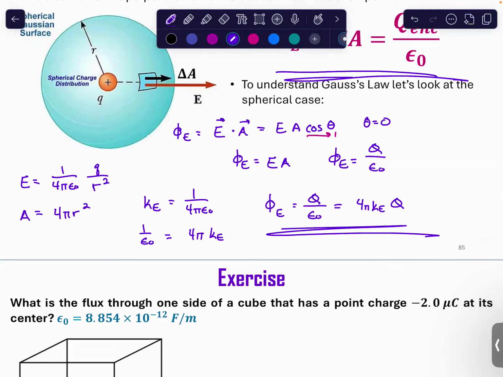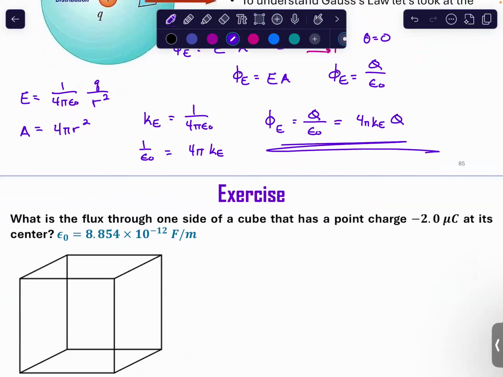And some of these Gaussian problems are a lot easier than they seem. And phi represents what? It is what through a surface. So the field is doing what through the surface?